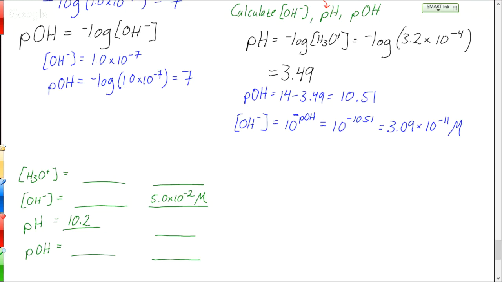If you get some of these numbers, talk to the people around you, see if your numbers match up. If not, talk about what's going on there.